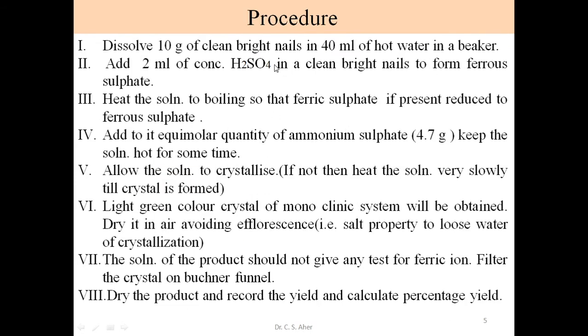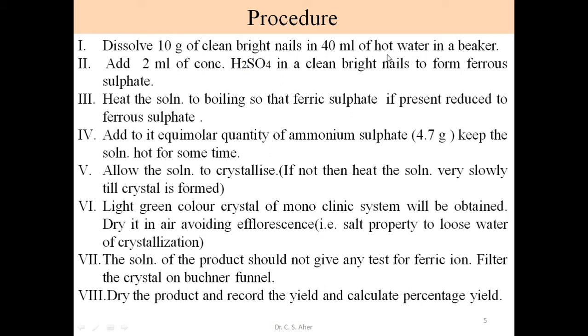What is the procedure to prepare this Mohr salt, ferrous ammonium sulfate? Take 10 gram of clean bright nails; we remove the rust from the nails. In a beaker, add 40 ml of hot water, or we heat the beaker.